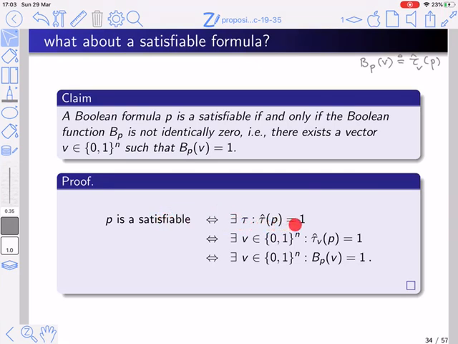Good, if there exists a satisfying truth assignment, then there exists a binary vector that induces a truth assignment that satisfies P, and vice versa. If there exists such a vector v, then of course the truth assignment that it induces satisfies P. So we're between the second line and the third line. But this is exactly the definition of the binary function induced by P.